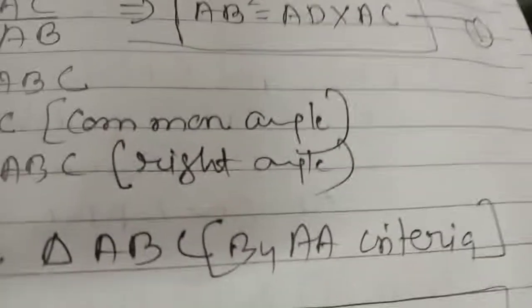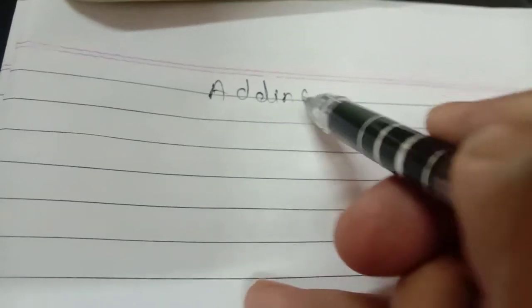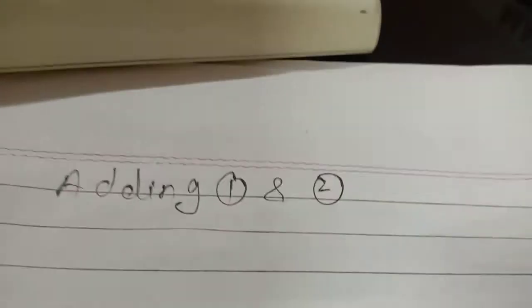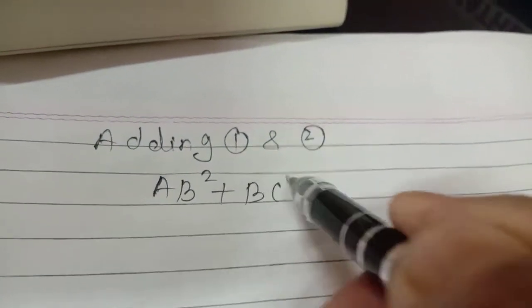Now add 1 and 2. Right here adding 1 and 2. Why are we adding 1 and 2? Because we have said that the square of hypotenuse is equal to the sum of squares of two adjacent sides. So we will write here AB square plus BC square.